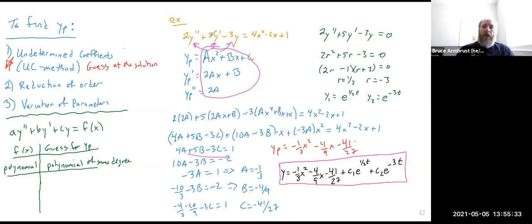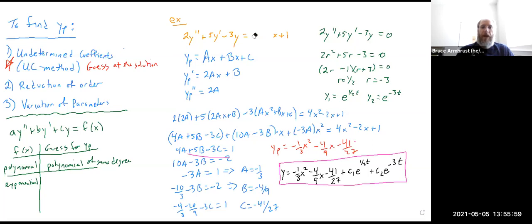All right, so let's change our type of function. Let's say that f of x is exponential. So I'm actually just going to reuse this, at least the homogeneous part.